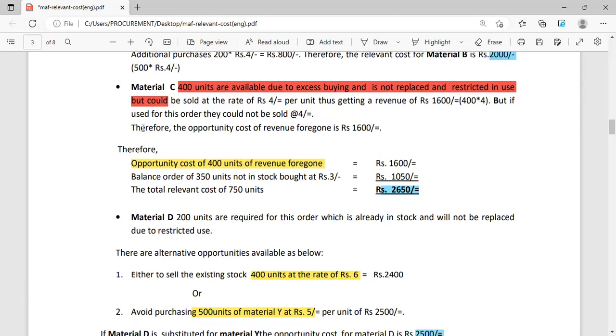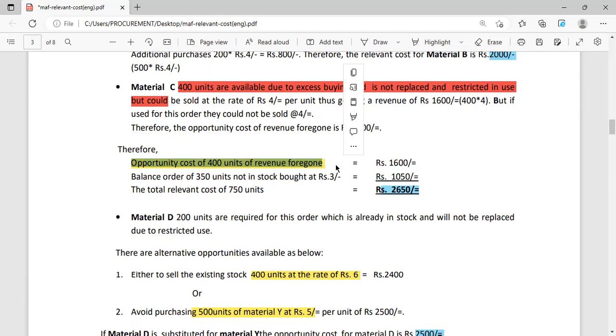But if used for this order, they could not be sold at 4 naira. So if you are going to use it for this order now, you are going to have opportunity cost. And how do you get opportunity cost?